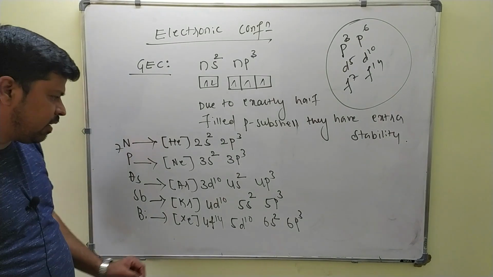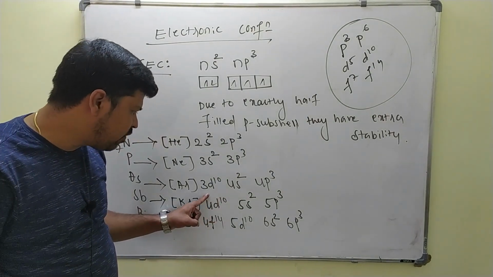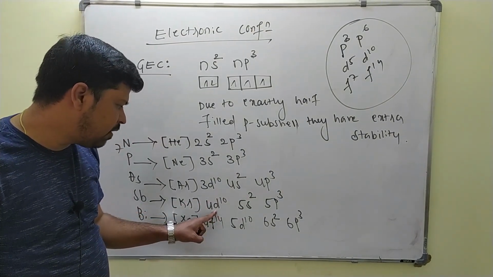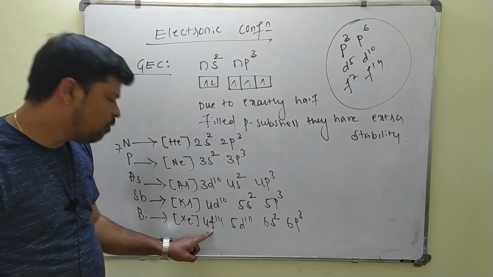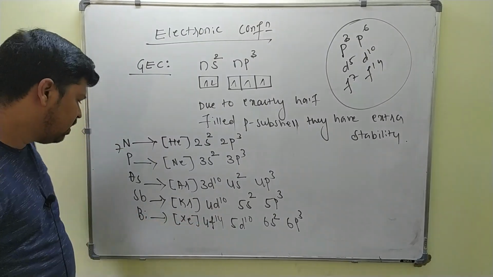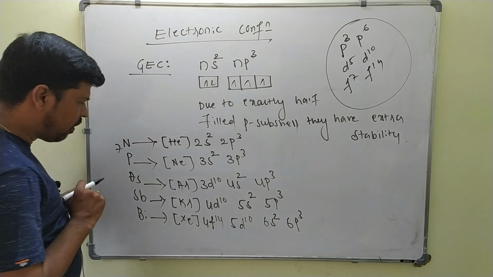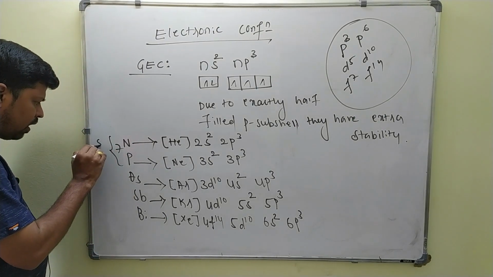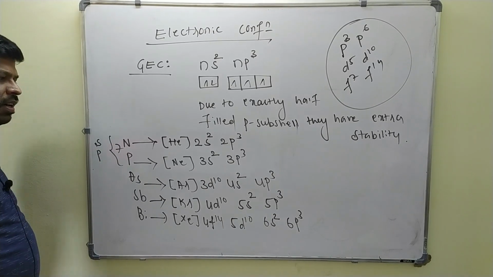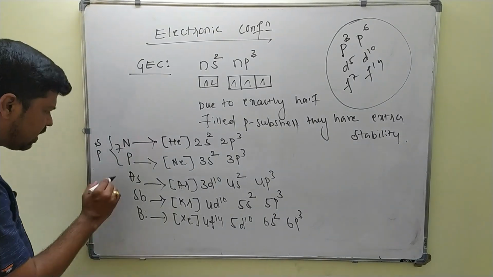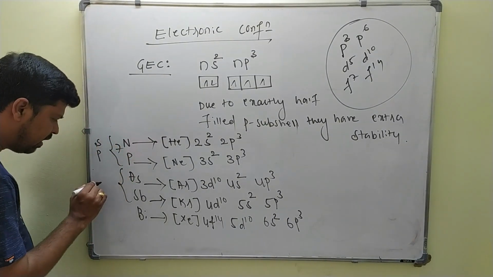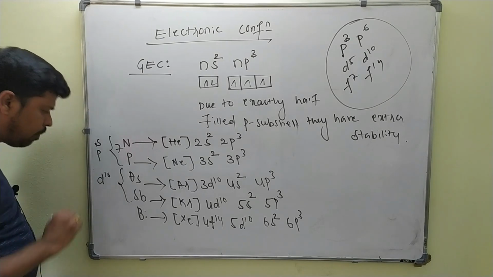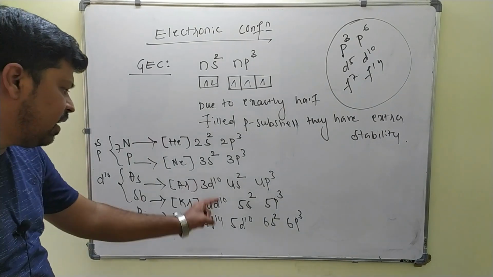Always keep in mind, before 4s orbital 3d are filled, before 5s 4d are filled, and before 5d orbital 4f orbitals are filled. One thing to remember: in case of nitrogen and phosphorus, only s and p electrons are present in the inner shell. In case of arsenic and antimony, both elements have a completely filled d orbital in their inner shell.